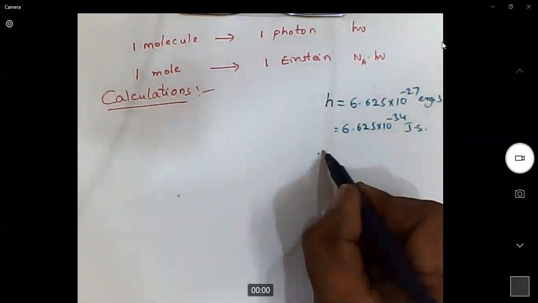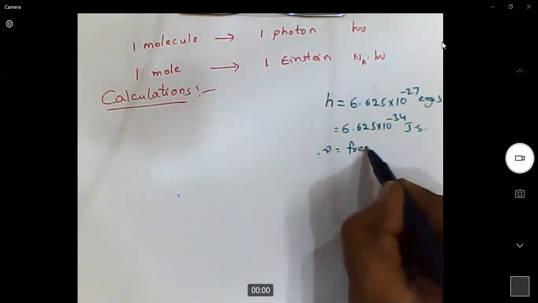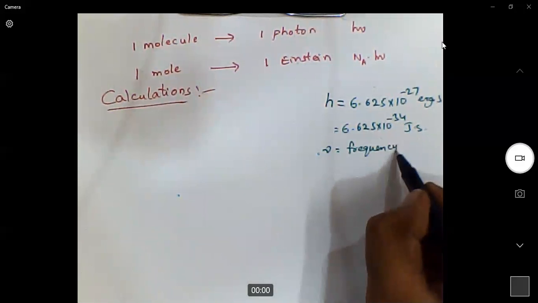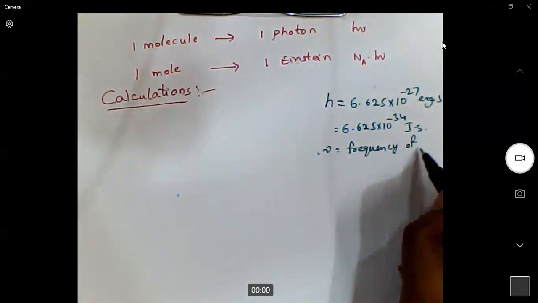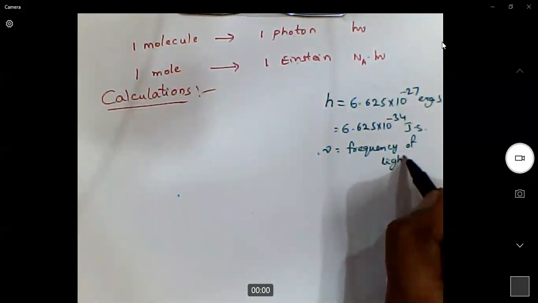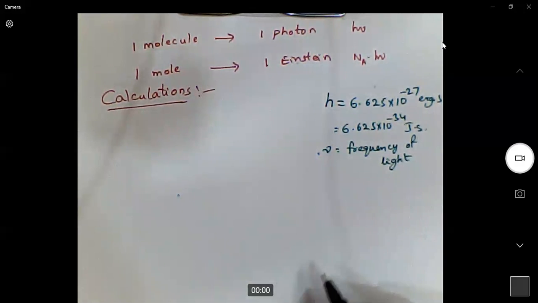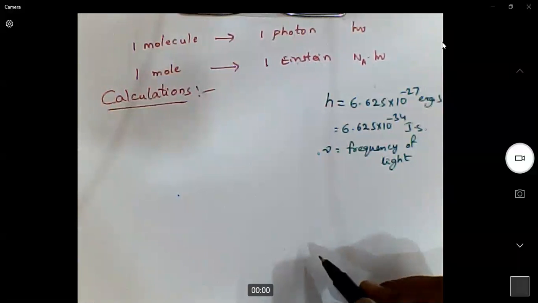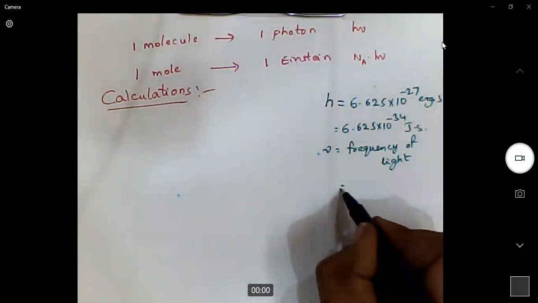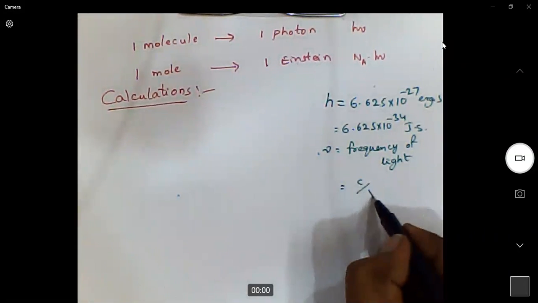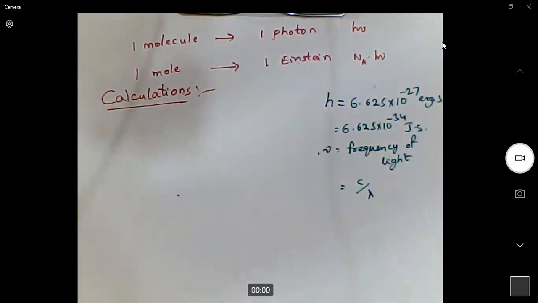What is nu? Nu is the frequency of light. Whatever the light source we use, it is the frequency. Generally, we substitute c by lambda for frequency.